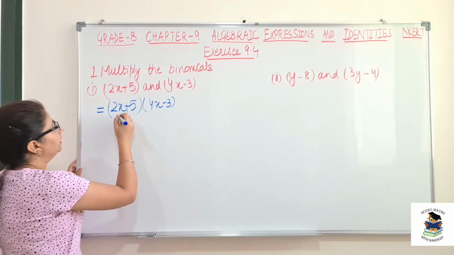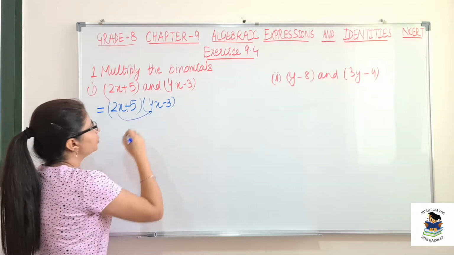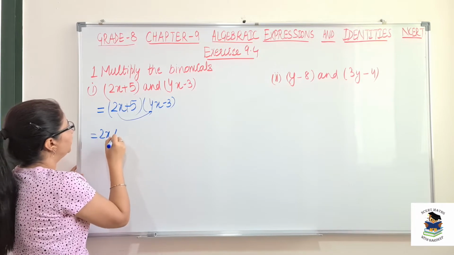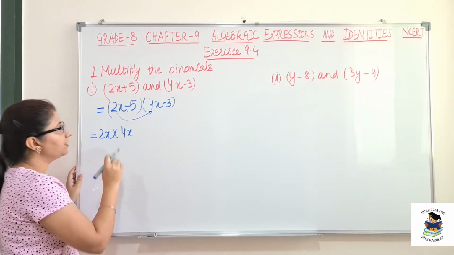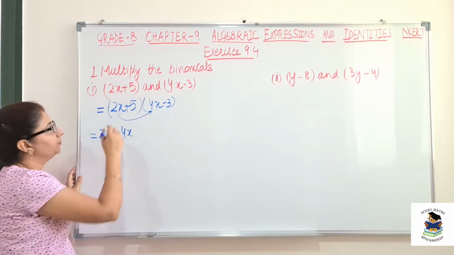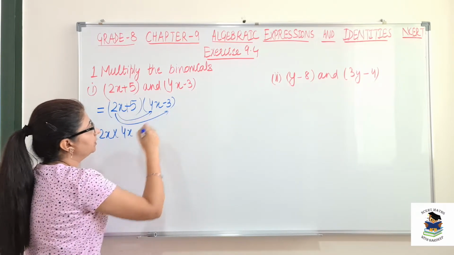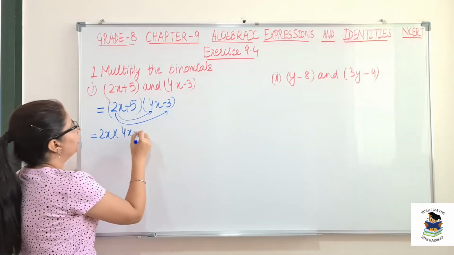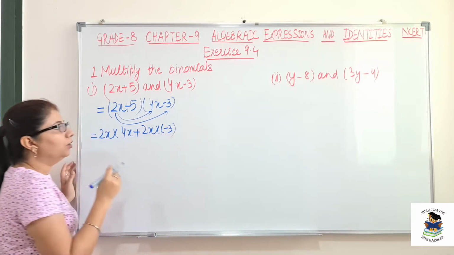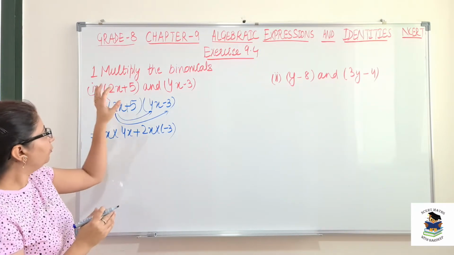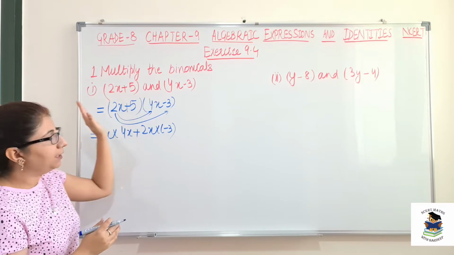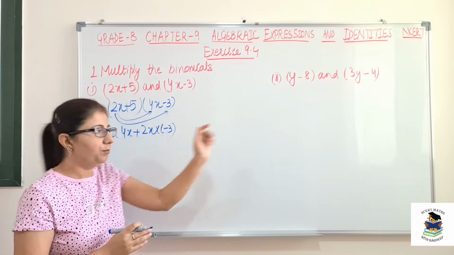So 2x should be multiplied with 4x, so I will write 2x into 4x. Again I will multiply this 2x with the second term, so that means 2x into minus 3. What is the key point? That you should fix one term and multiply this term with every term of the second polynomial.